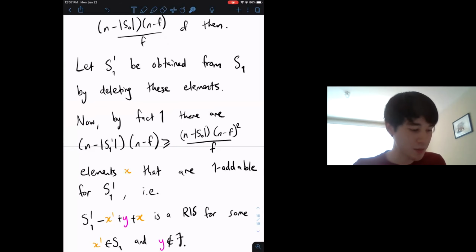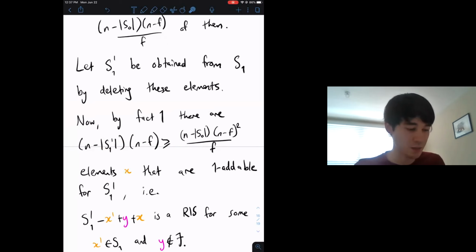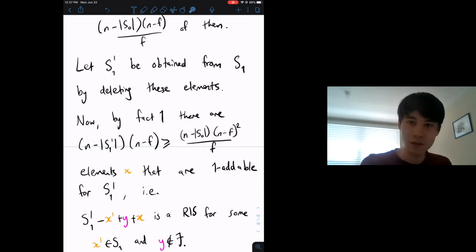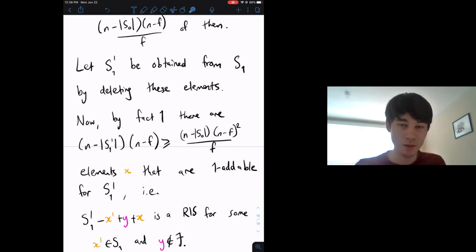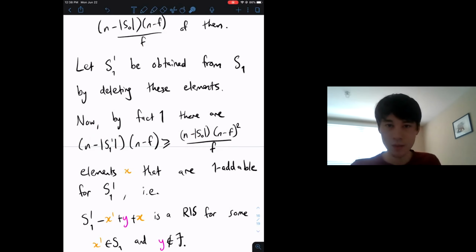So fact one now is going to tell me that there are at least this many elements, which is to say (n minus the size of S1 prime) times (n minus f) elements, which are one-outable to S1 prime. Now this expression here, n minus the size of S1 prime, is certainly at least the number of things I deleted to go from S1 to S1 prime.